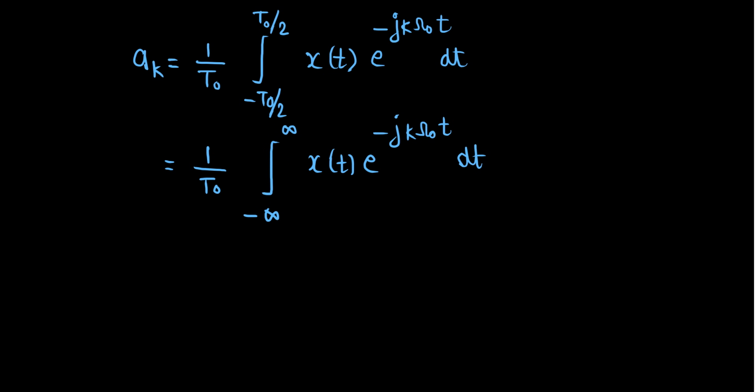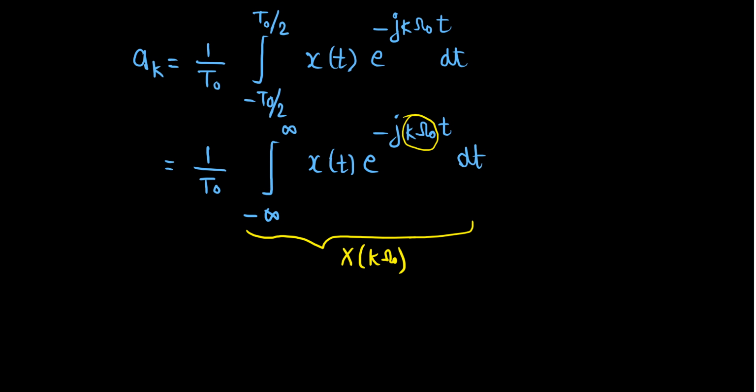Now we are going to have a short form notation for this ak that we have obtained here. In order to do that, this integration I'll represent with a certain notation as capital X of k omega naught. You can see that this integration is a function of this k omega naught factor here.